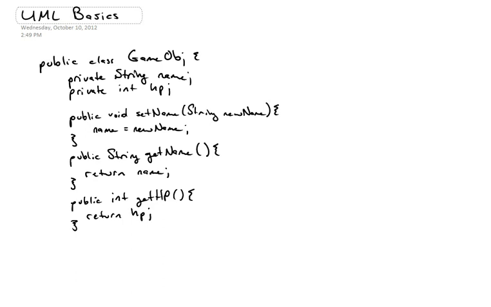I'm going to give it one more method. That method is basically just going to print to the screen this thing. Now, I'm going to call it public for now, but I reserve the right to come back and change this later.